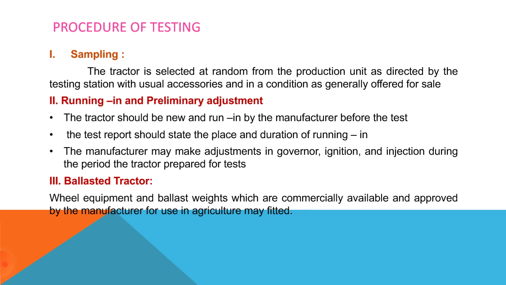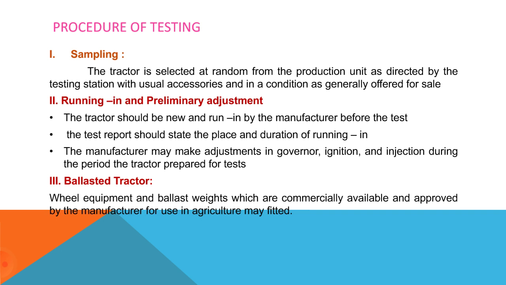The tractor should be operated by the manufacturer before the test to prove to the authorities that it is working properly. In the test report, it should be clearly mentioned where the running in was conducted, at what time, and for what duration. In the running in process, the manufacturer can adjust the governor, ignition and injection so that it works better than it does currently.